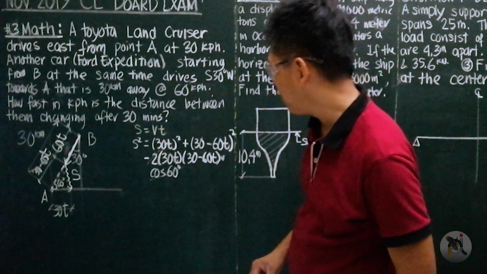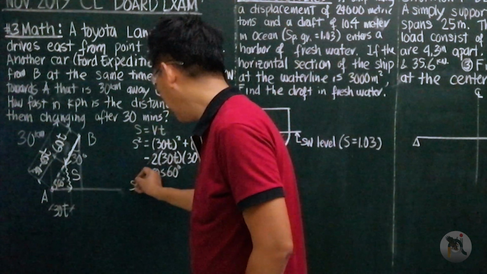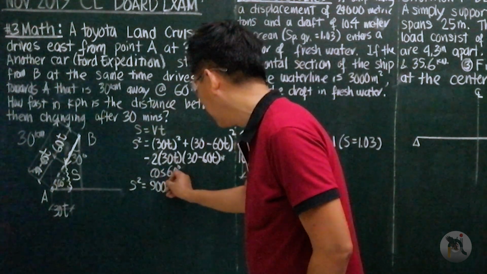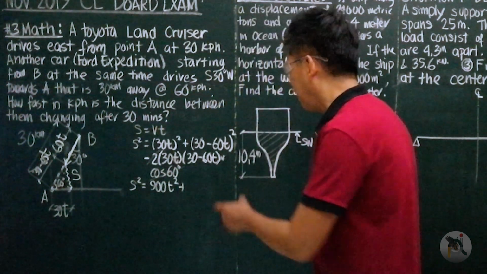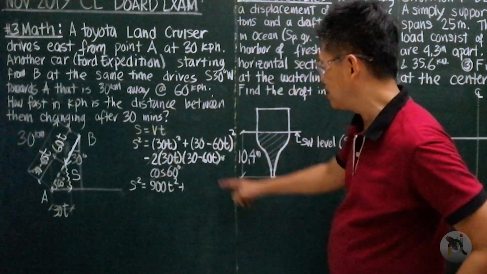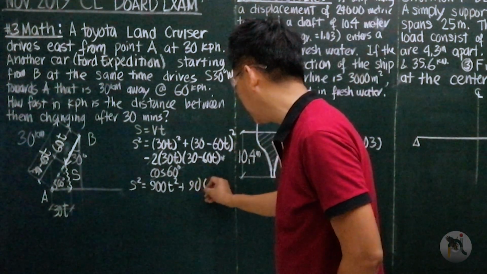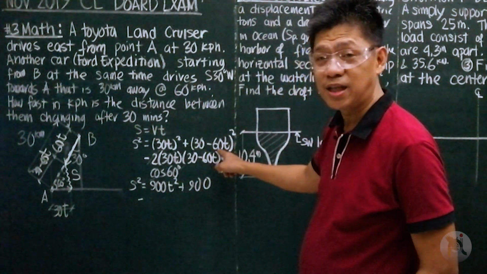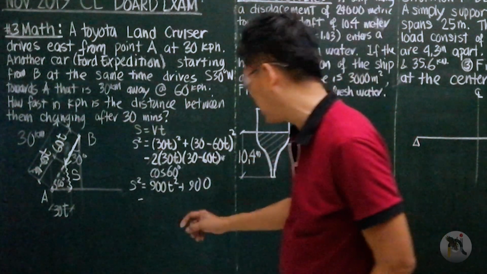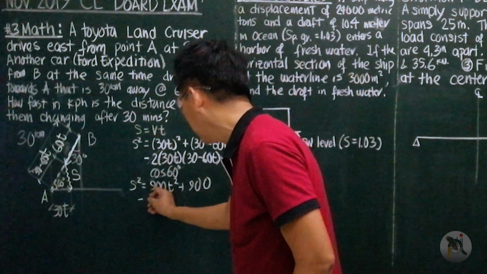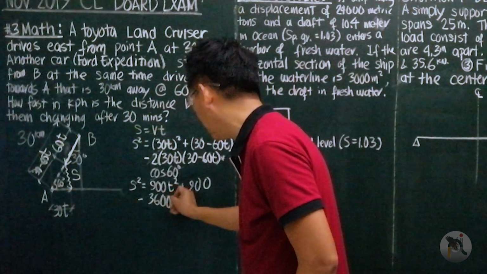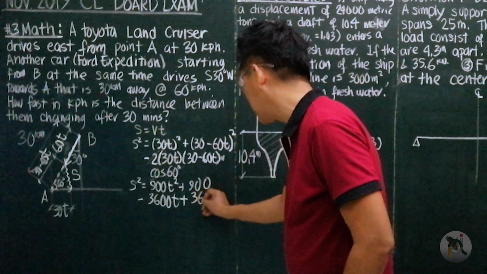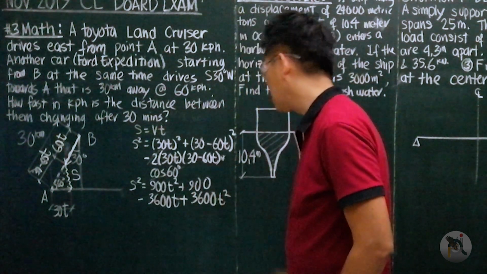So therefore, simplifying this, we will have S squared is going to be 900t squared plus (30 minus 60t) squared, which is 900 minus twice their product, 30 times 60, that is 1800 times 2, twice the product, this is 3600t, plus the square of the second, this is 3600t squared.